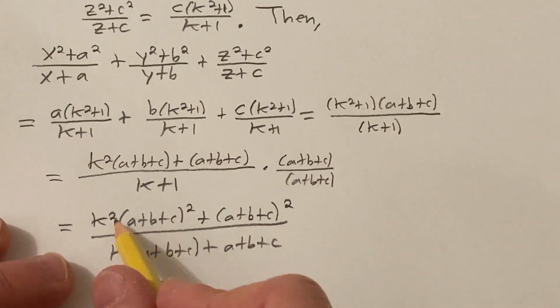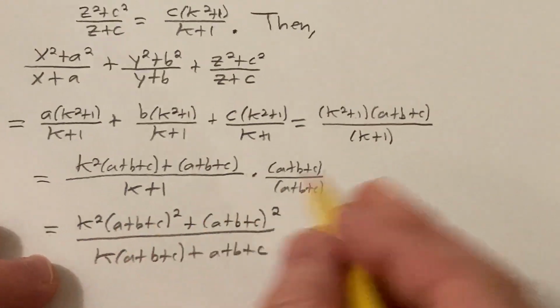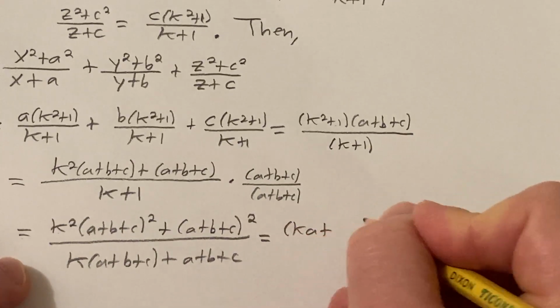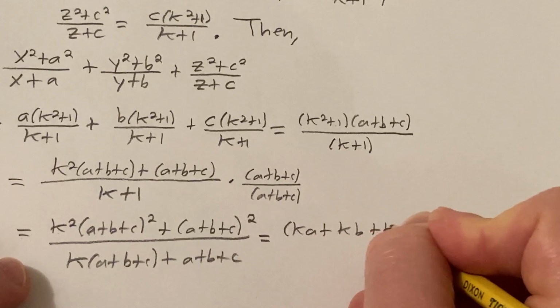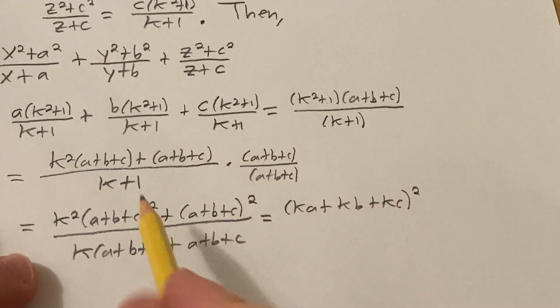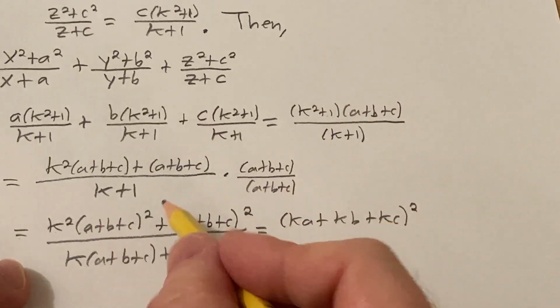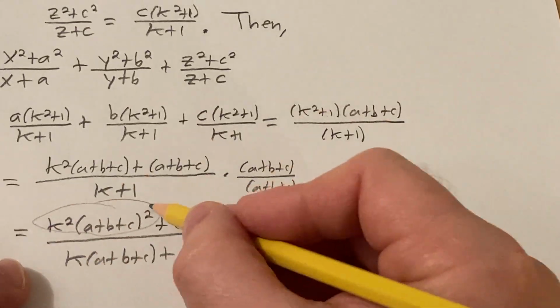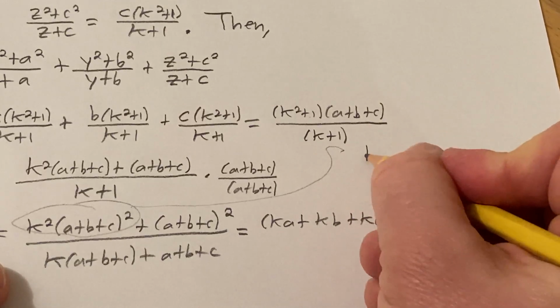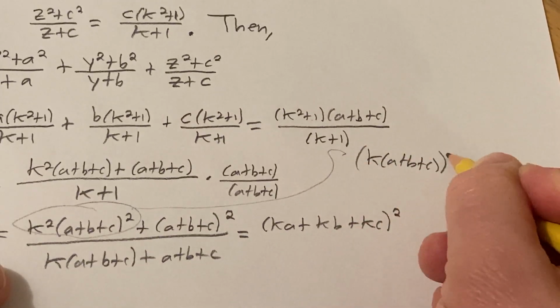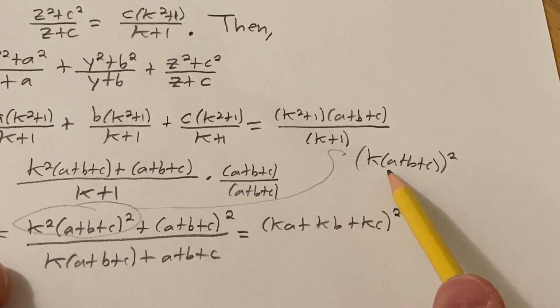So we can combine these. These are both squared, so you can bring the k in like this. Watch. This is actually (ka + kb + kc)². Properties of exponents, right? There's a step I skipped, but basically you can take this and show this step, k(a + b + c), which I skipped, squared, right? So that's the same as that, okay?